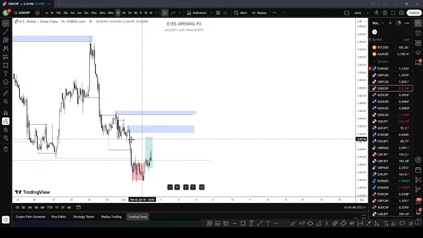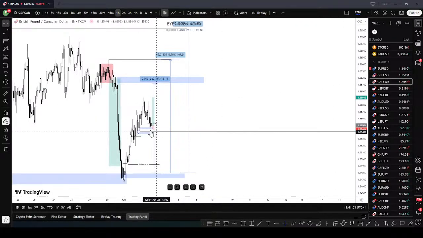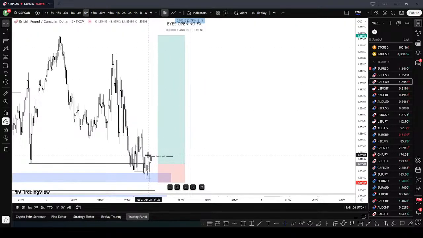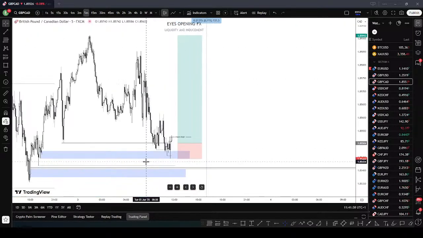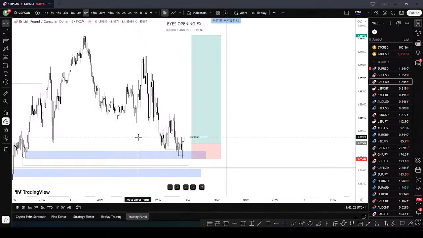So we have this for a sell program. Wait for confirmation here. Okay, it looked like it has given us a confirmation. Yes, it has broken structure. So let's just wait for market to engulf it. Then we look for entry here for a buy move.